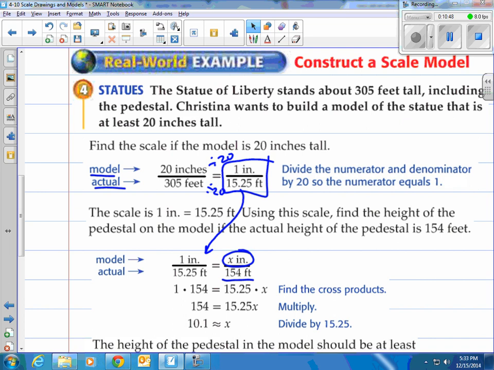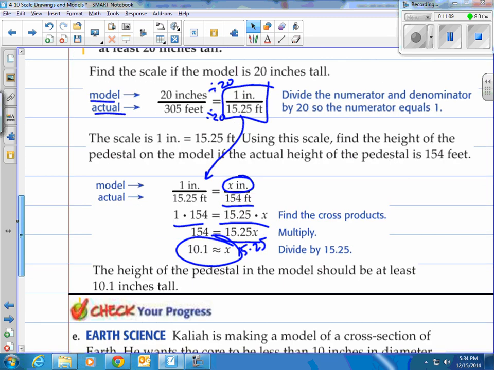Of course, we cross multiply, and you can see that we have 1 times 154, 15.25 times x. We're going to divide both sides by 15.25, and we get 10.1 inches. The height of the pedestal in the model should be at least 10.1 inches.